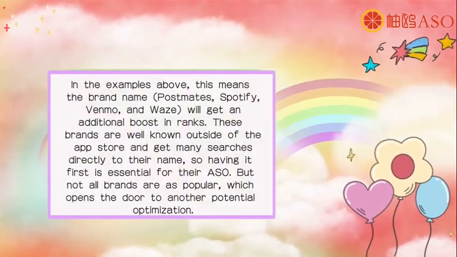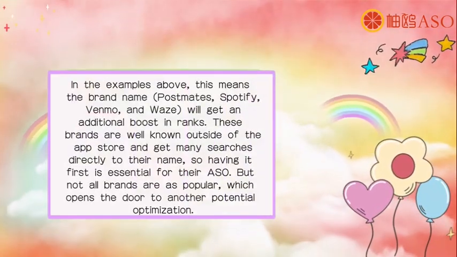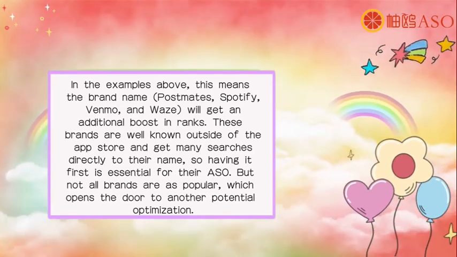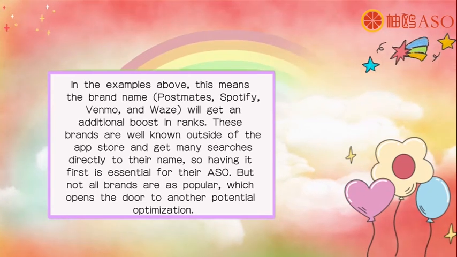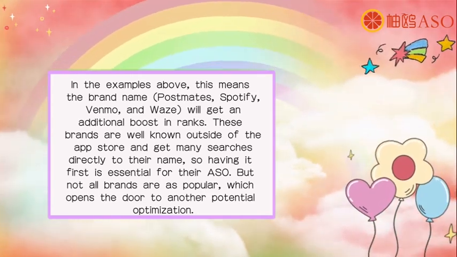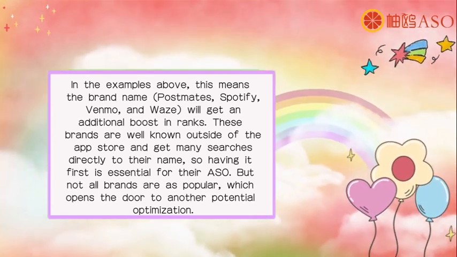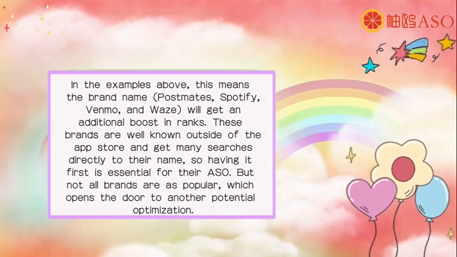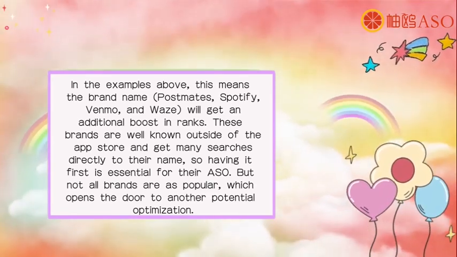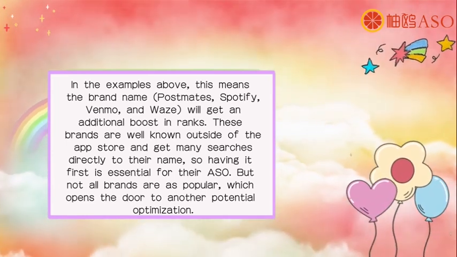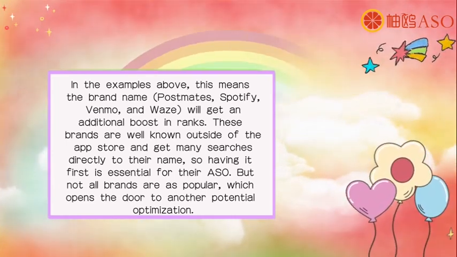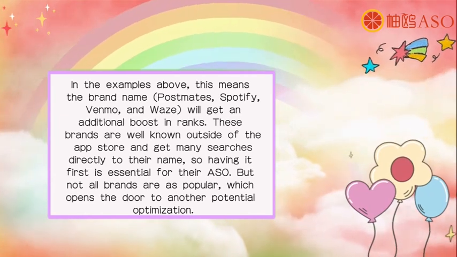In the examples above, this means the brand names Postmates, Spotify, Venmo, and Waze will get an additional boost in ranks. These brands are well known outside of the App Store and get many searches directly to their name, so having it first is essential for their ASO. But not all brands are as popular, which opens the door to another potential optimization.